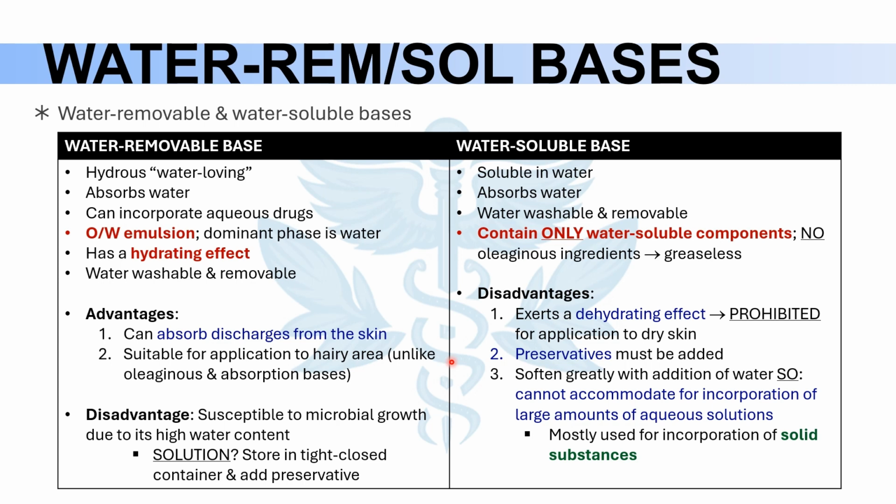They had a very dense, sticky consistency, and therefore it would be very inconvenient to the patient or to the consumer if they applied it to a hairy area. The disadvantage of water-removable bases is that they are susceptible to microbial growth due to their high water content, and the solution to this is to store it in a tight, closed container and to add preservative.